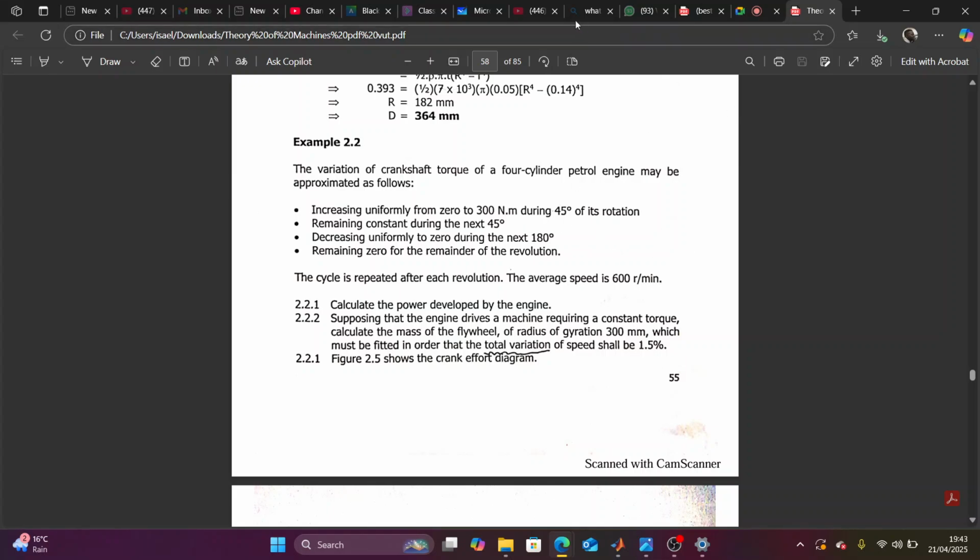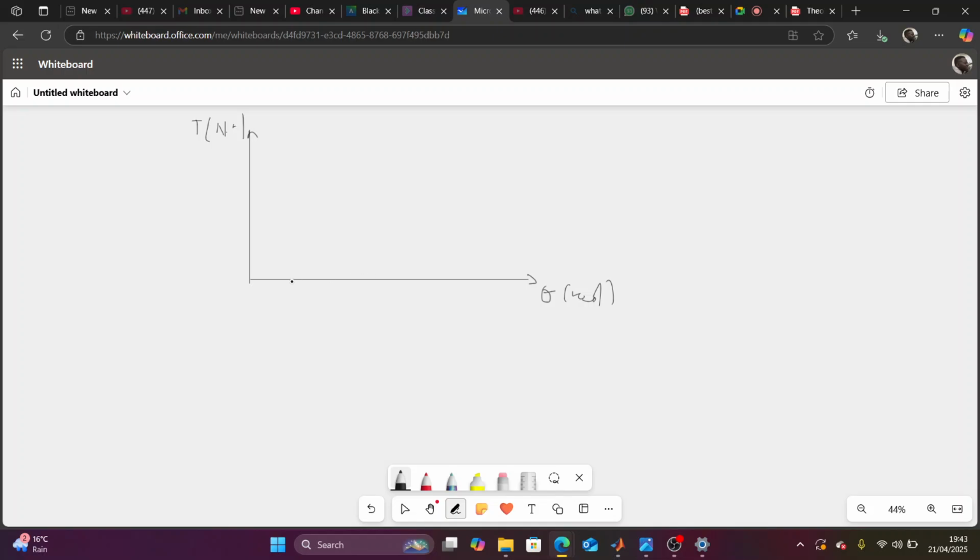Do you see it? So this is 45 somewhere here. Remember I said we will work in radians, so we can already convert this 45 degrees to radians. You multiply by pi, you divide by 180, you'll get pi over 4.